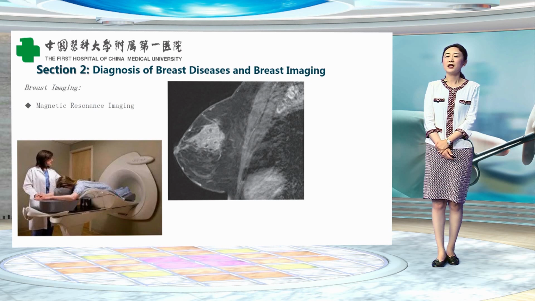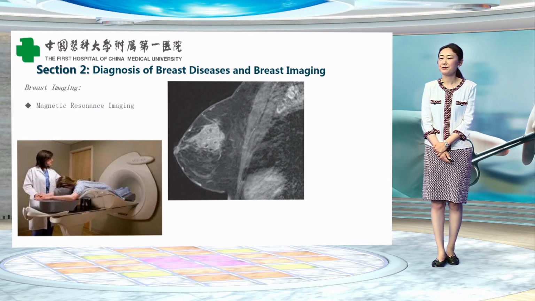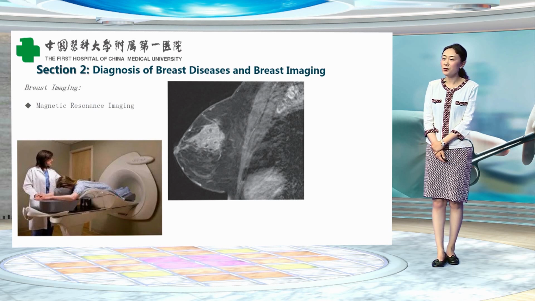MRI may also be useful for assessing the extent of breast tumor, particularly in young women with dense breast tissue, and for evaluating invasive lobular cancers, because invasive lobular cancers are hard to detect by sonography or mammography.